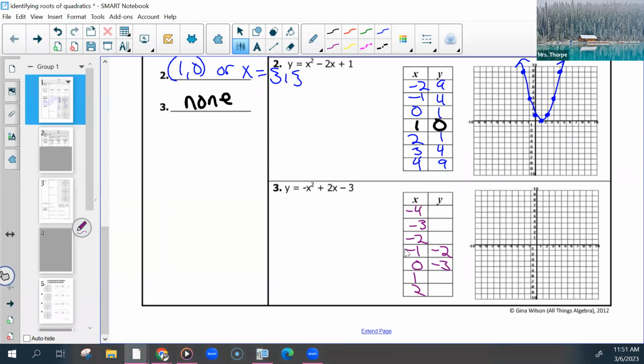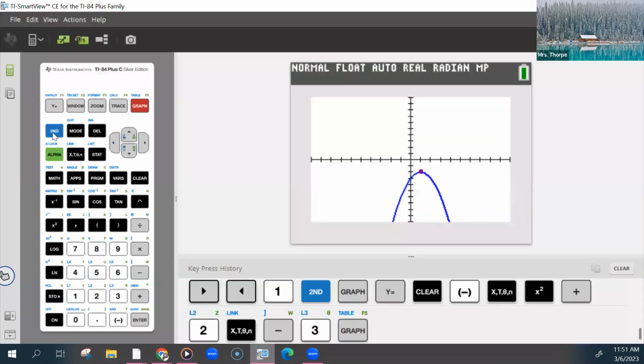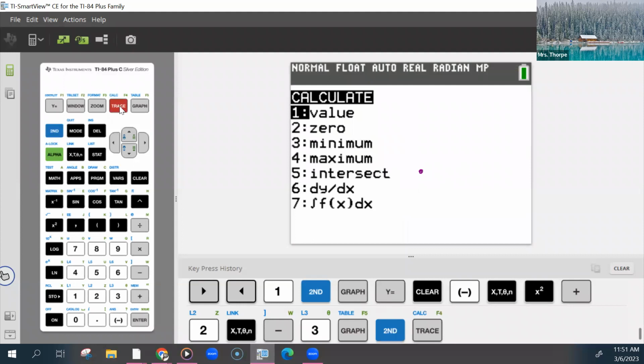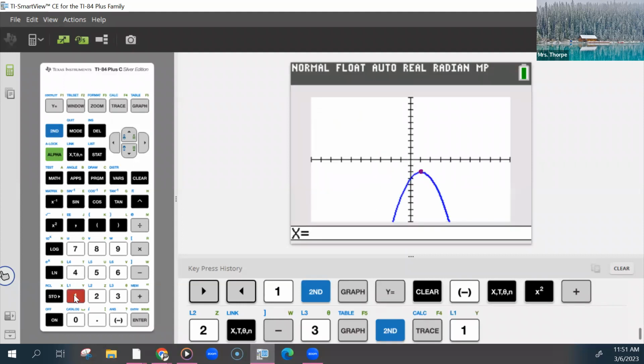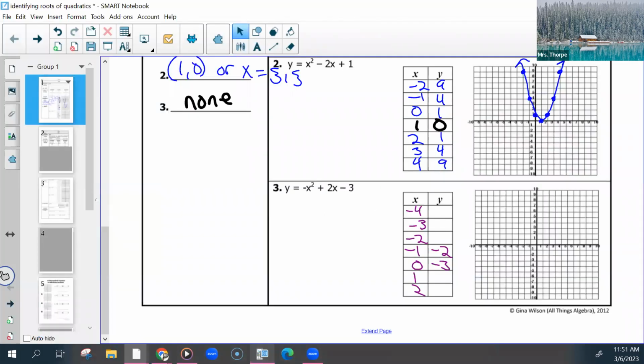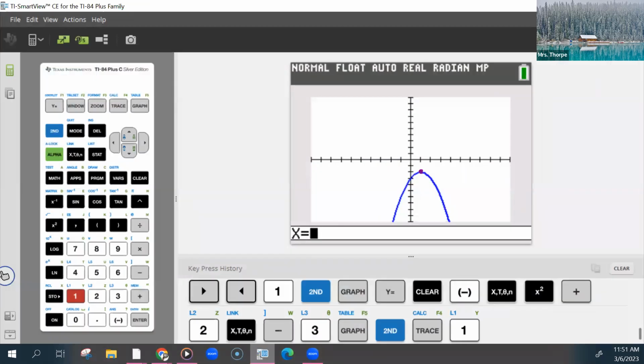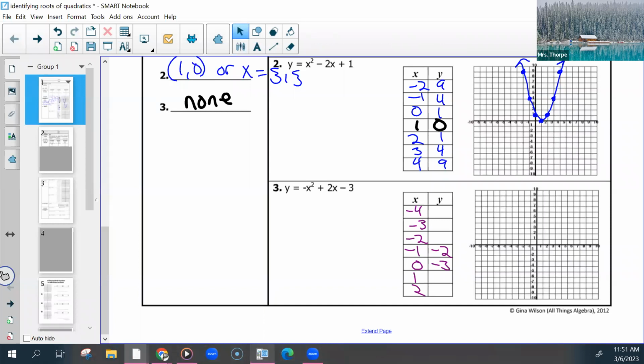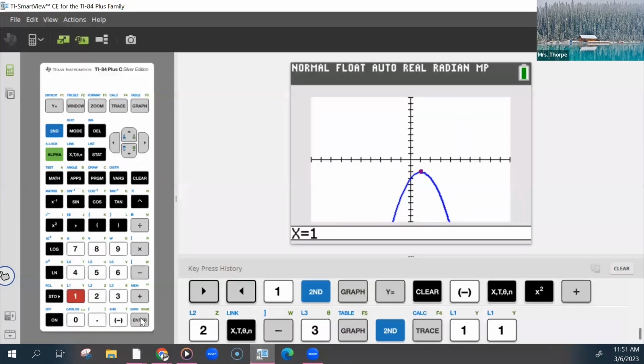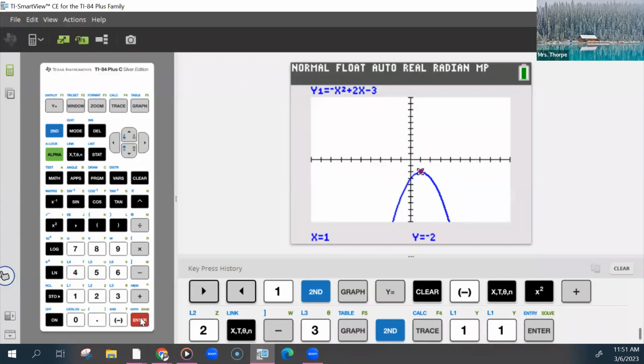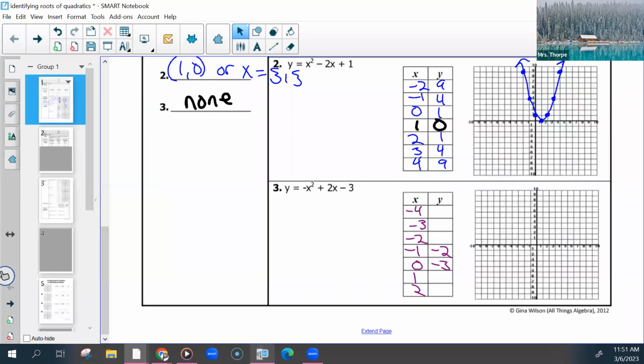If not, you can do the second trace. Find the value when x is whatever. So I could do -2. Oh, wait, I know that one. I could do 1 and 2. So when x is 1, y is -2. I don't think that's what I need for it either. Yeah, I did that right.